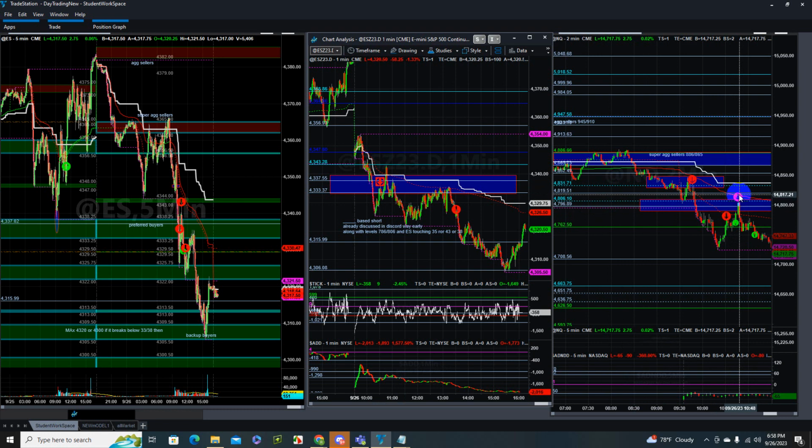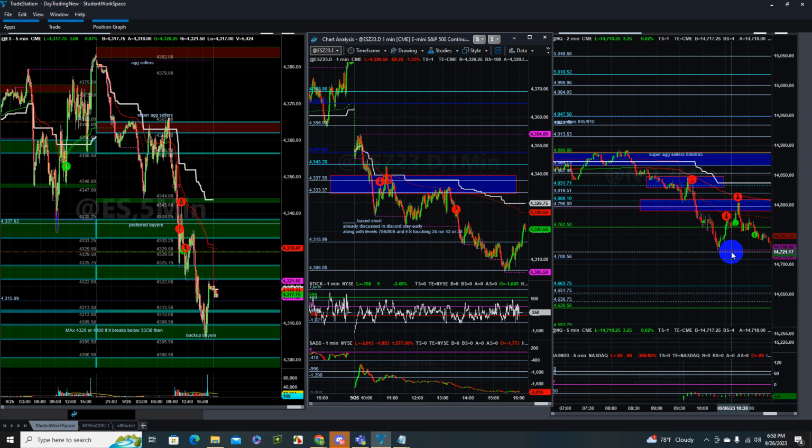Then NQ went here, I took the short. I took the short in ES. But I cannot do both at the same time. So NQ I took the short, ES I took the short right here, my original 35 level.